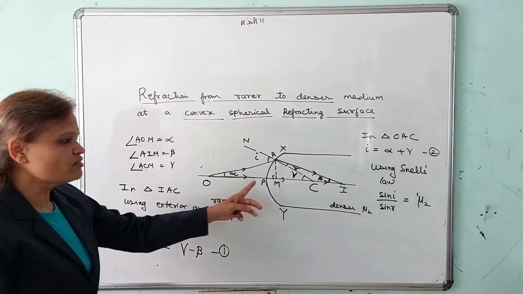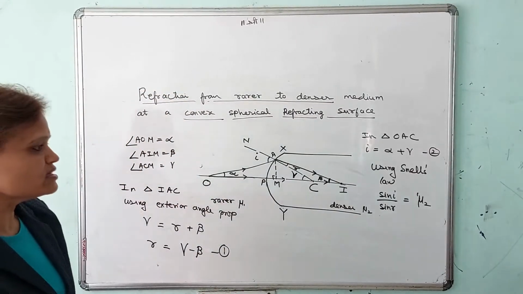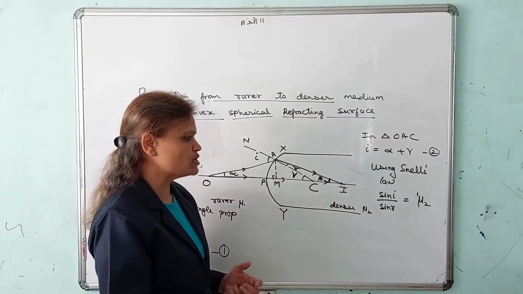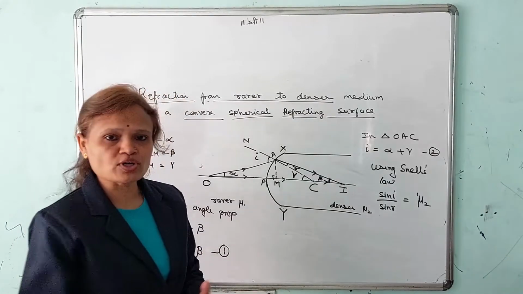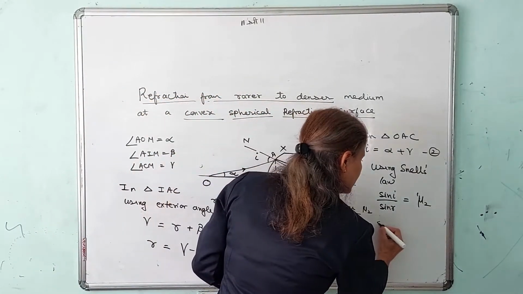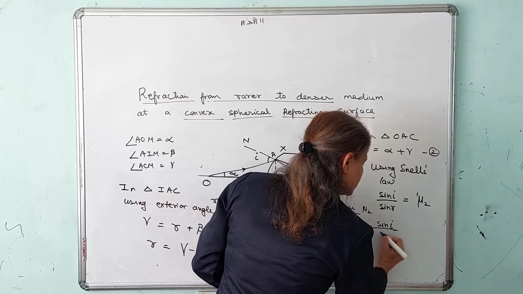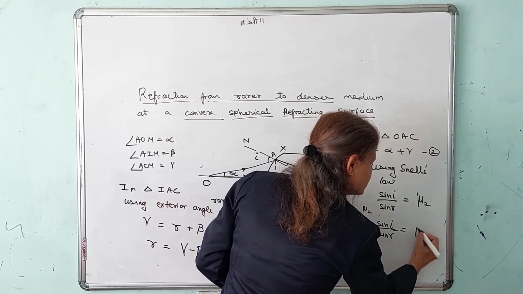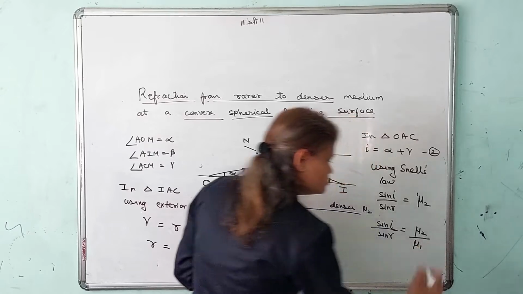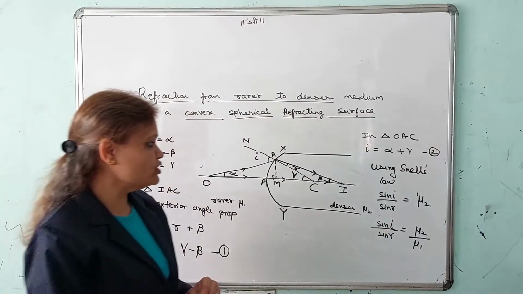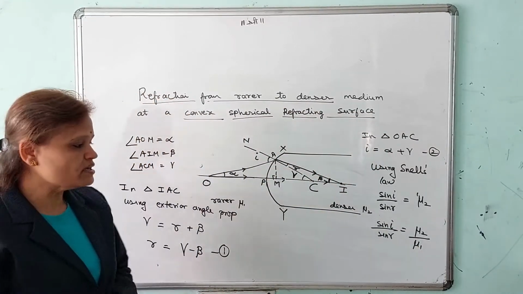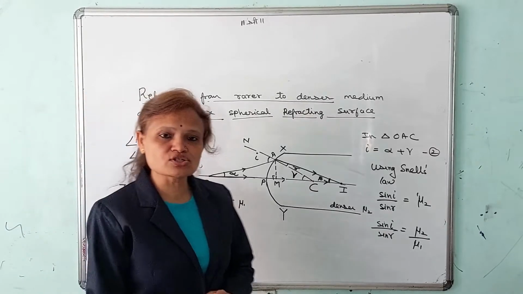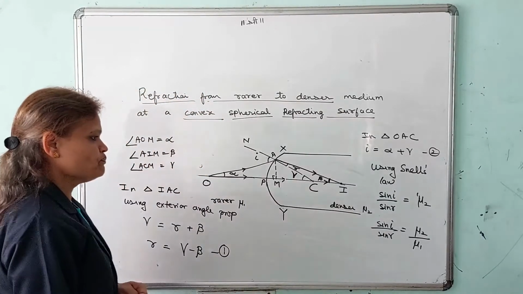Now these angles are very small, so we can consider sin I approximately equal to I and sin R approximately equal to R, and also you know that mu 2 1 is mu 2 by mu 1. Please watch the video on refractive index, in which all these formulas and Snell's law are well explained.